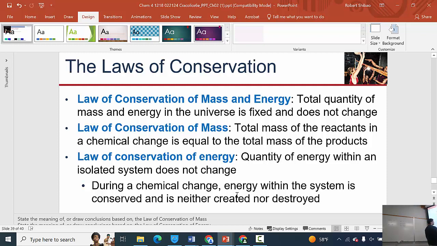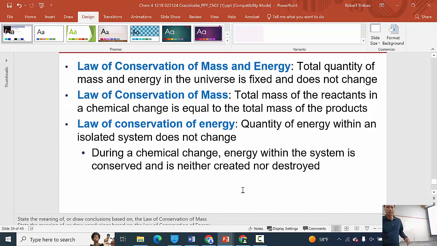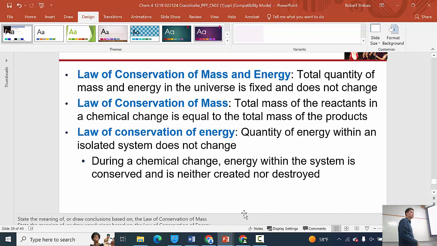But for us, we can treat these separately. For us, it doesn't really change chemical changes. In nuclear changes, though, we would use the first one there. So this is why, if you notice here in the definition, they say chemical change. And up here, it's for anything, nuclear and chemical.